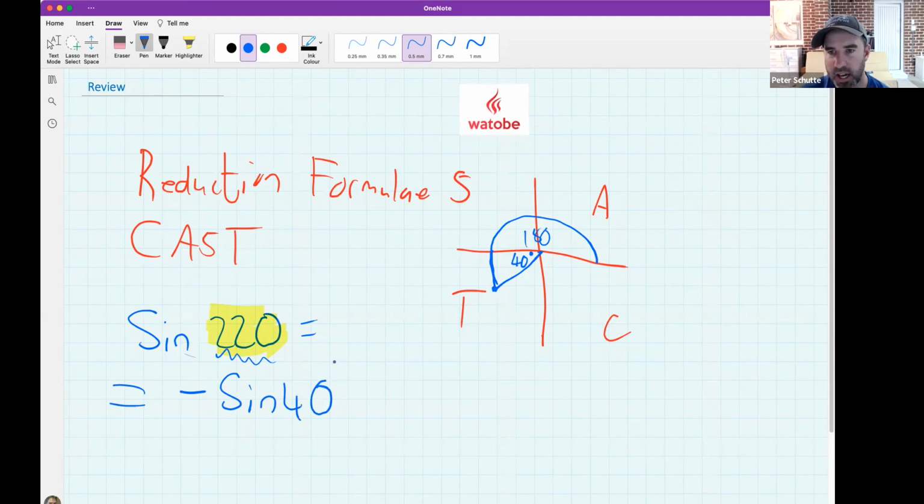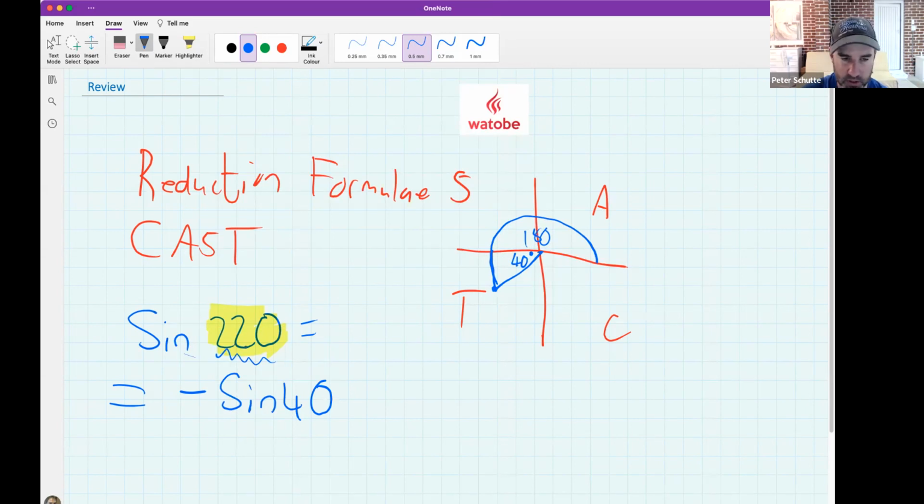That is called reducing an angle off the horizontal. It's an example of a trig identity, because sine of 220 is exactly the same as minus the sine of 40, and you can try this on your calculators.